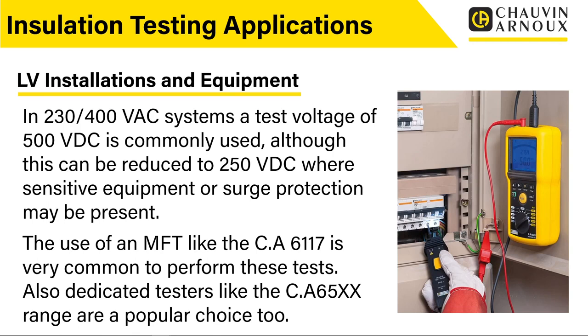Although dedicated testers like our CA65 range are also a popular choice too. Quite often people like having a separate insulation continuity tester because it's a bit quicker and easier to use. Somebody can carry out testing using that while somebody else is using a multifunction tester to do other things.